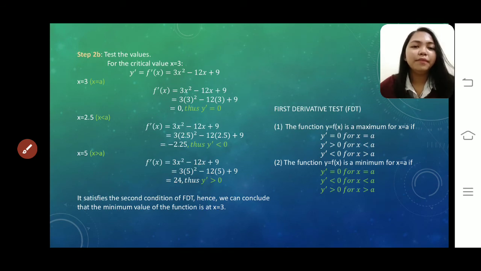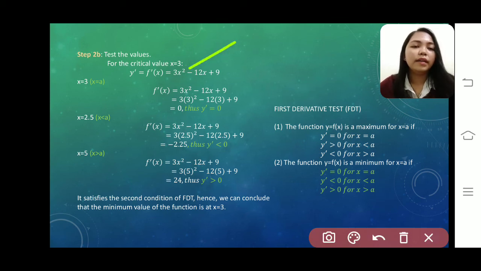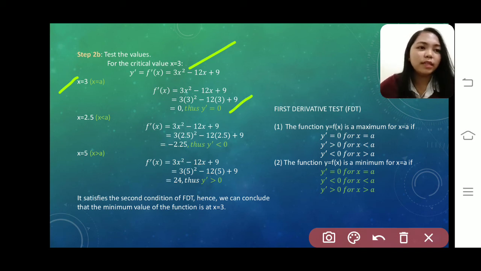Second, we will test the critical value x equals 3. So, we have, here again, x equals 3. We don't need to solve it, y prime is equal to 0 already.